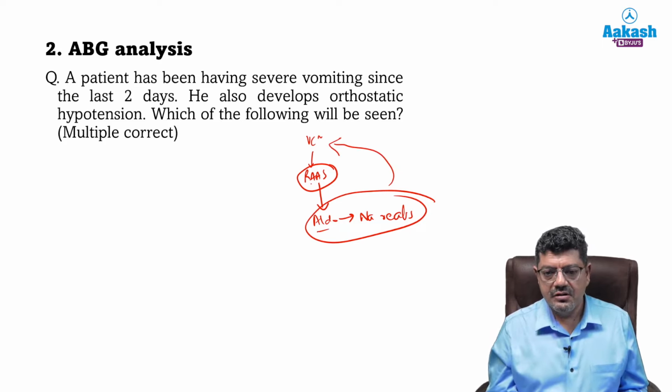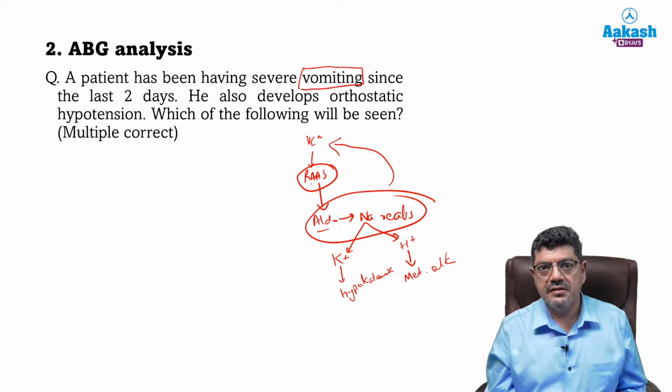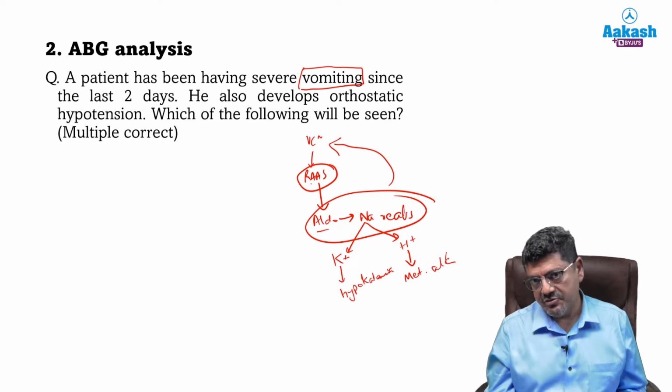And aldosterone is going to reabsorb sodium from the collecting duct in exchange for potassium and in exchange for hydrogen ions. Loss of hydrogen ions is going to cause metabolic alkalosis, and loss of potassium ions is obviously going to cause hypokalemia. And because this guy is vomiting so much that he's developed orthostatic hypotension, he's also losing a lot of gastric acid. So hypochloremia, hypokalemia, and metabolic alkalosis will be seen in this patient, right?